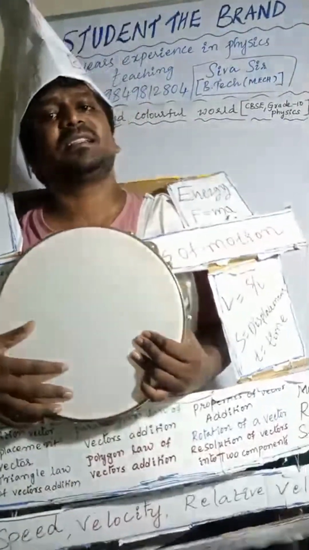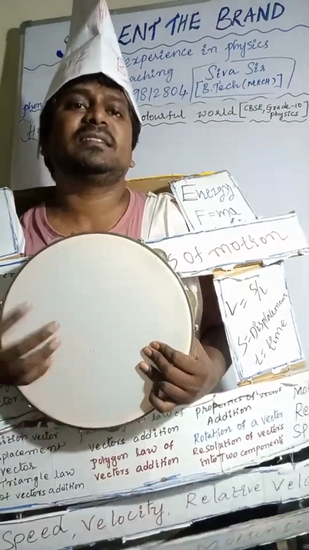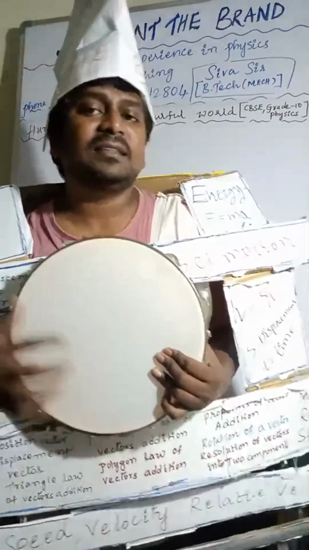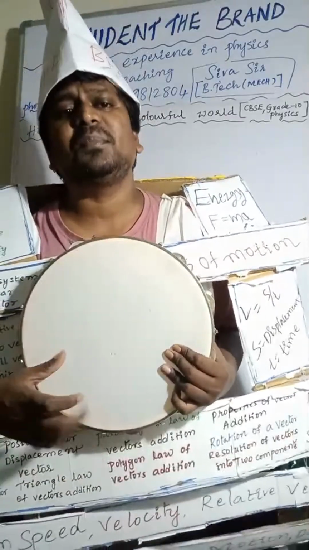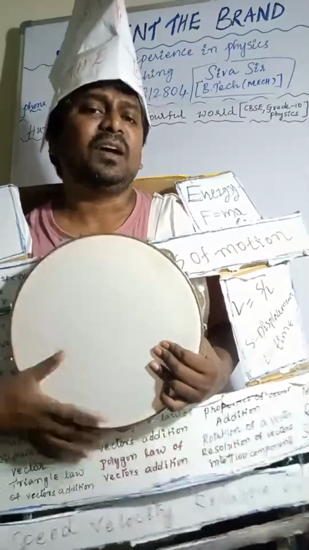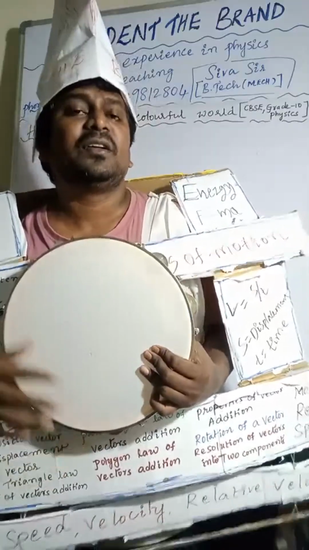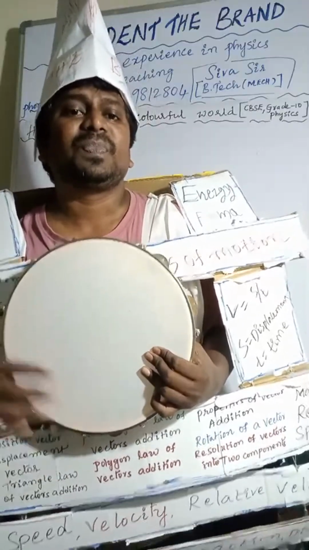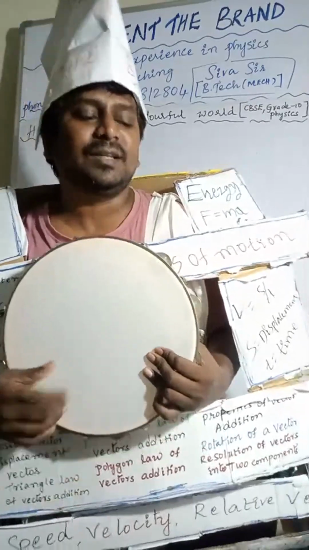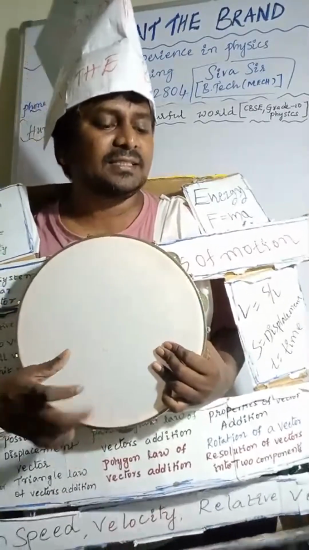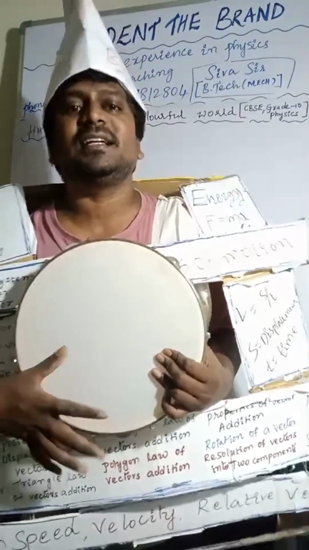Far distance we can see, near distance we can see. Hypermetropia, hypermetropia. Further correction, further correction. We are using convex lens, convex lens, convex lens, convex lens.